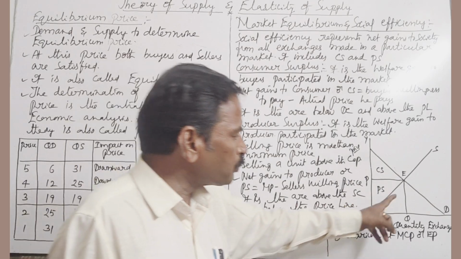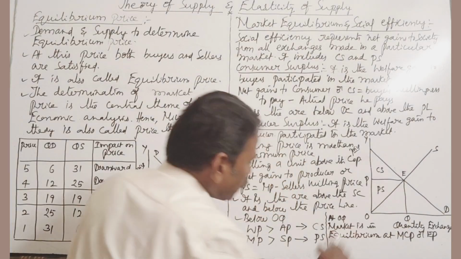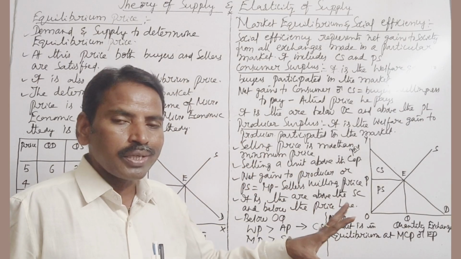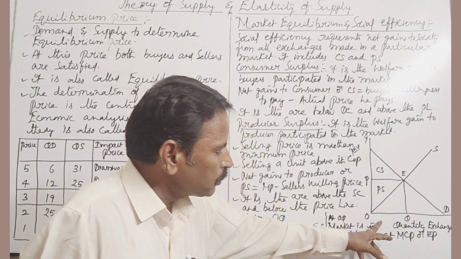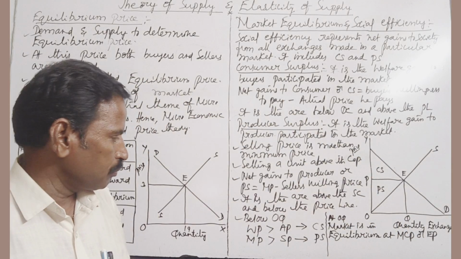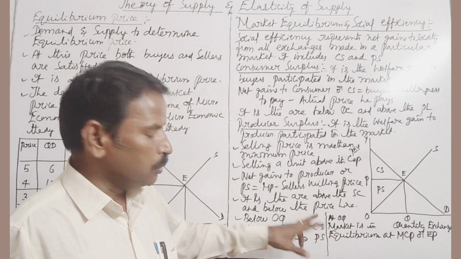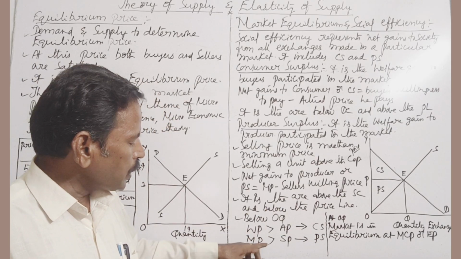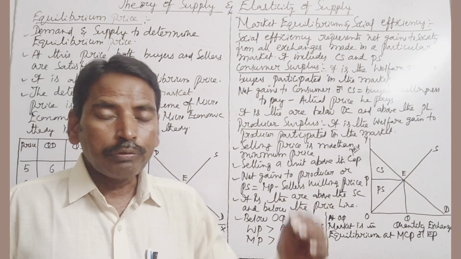Now if we observe this diagram, below OQ there is a consumer surplus and a producer surplus. When willing price is greater than actual price, there is consumer surplus. When market price is greater than the seller's willing price, there is producer surplus.